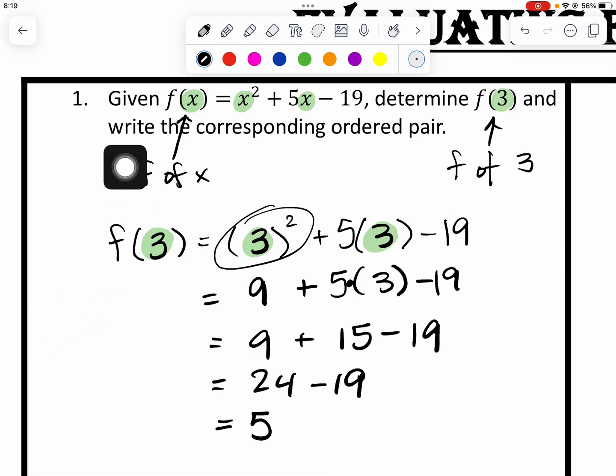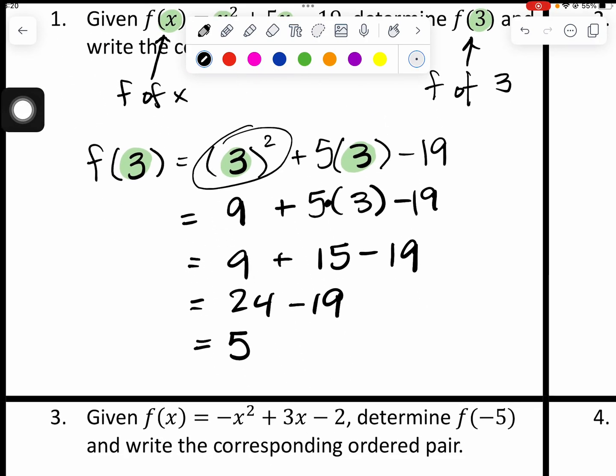The last thing we need to do is write the corresponding ordered pair, because what we just did is we took an x value, we inputted it into the function and output a y value, which means that the ordered pair x is 3, y is 5 is on the graph of this function.